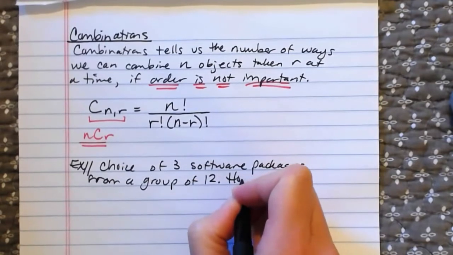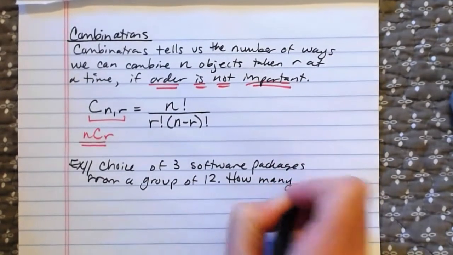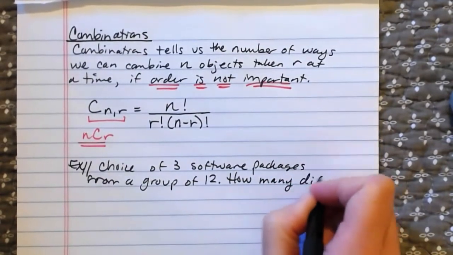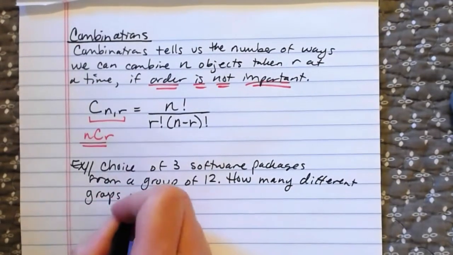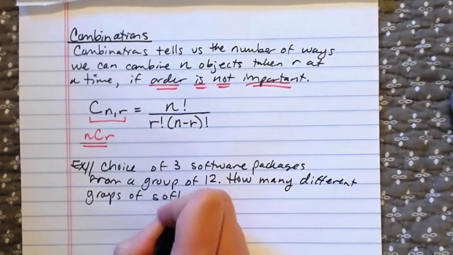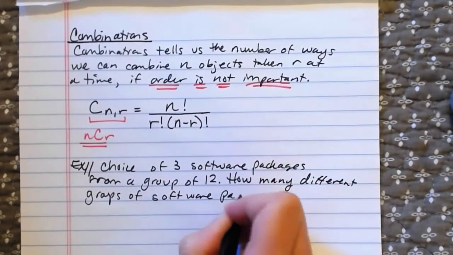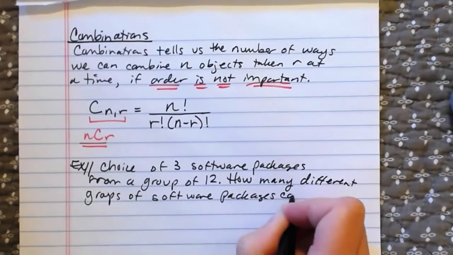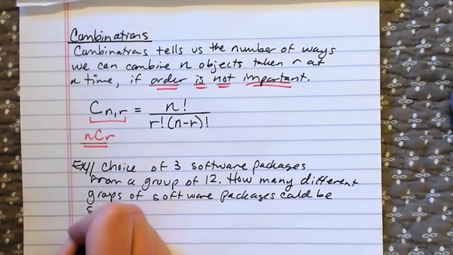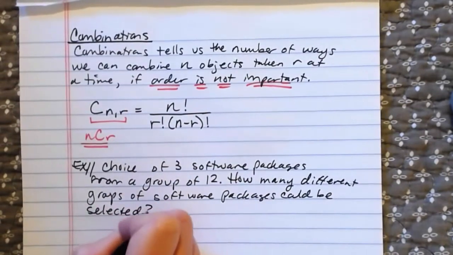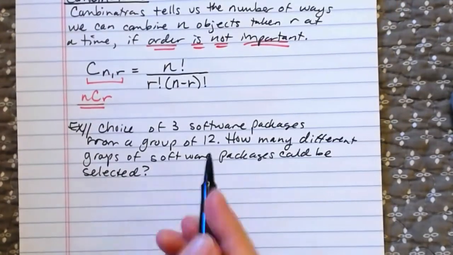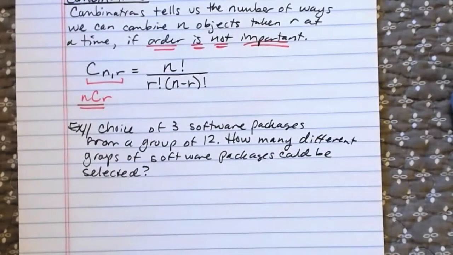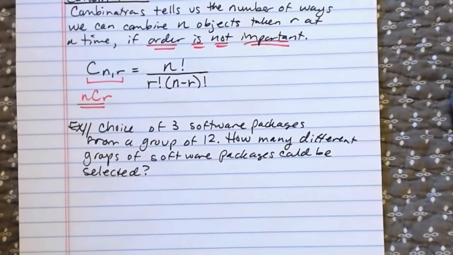And we might want to know how many different groups of software packages could be selected. Okay, so I've got 12 software packages I can choose from. From those 12, I get to choose 3 to take home with me. And I want to know how many different groups I can pick.